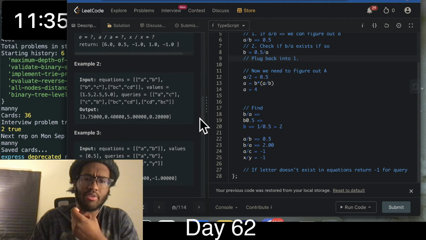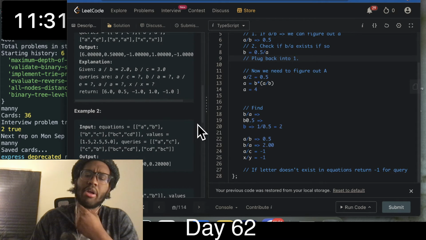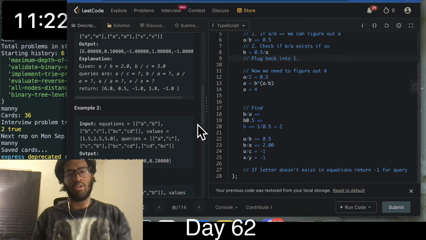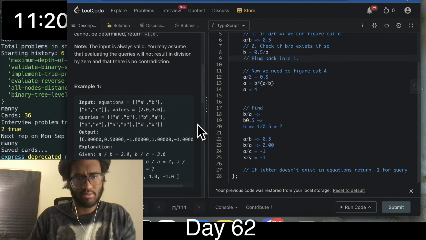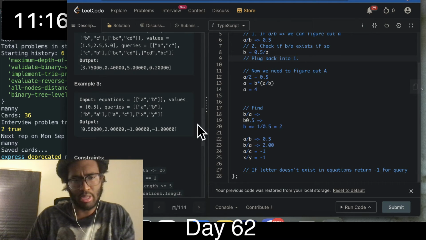So a self-referencing nature to equations that pairs well with graphs. I'm just not seeing how we get from A comma B. Even if you model it as a graph, we'd have A comma B.